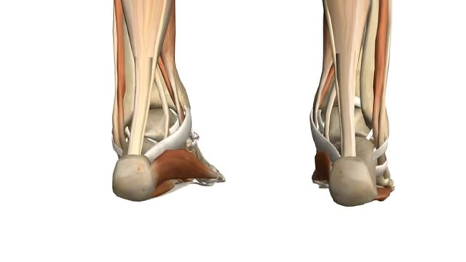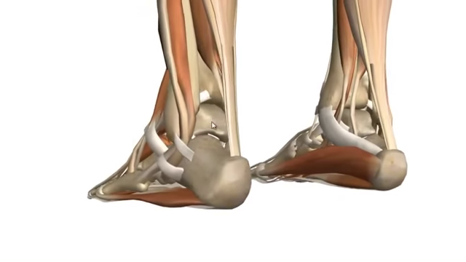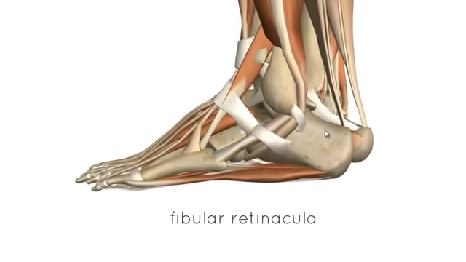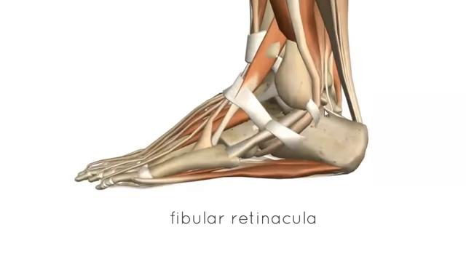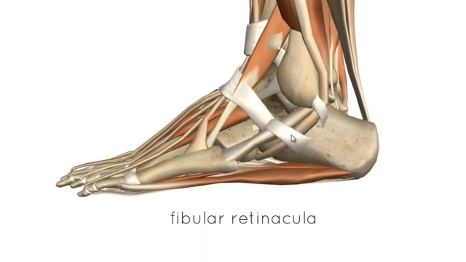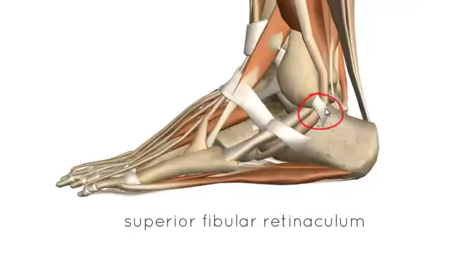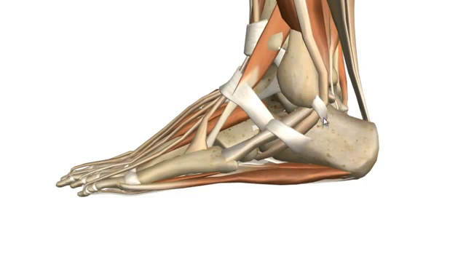Just rotating the leg laterally, we'll take a look at the fibular retinacula. You've got a superior fibular retinaculum and an inferior fibular retinaculum. The superior fibular retinaculum is here, and you can see its attachment on the lateral malleolus and on the calcaneus.